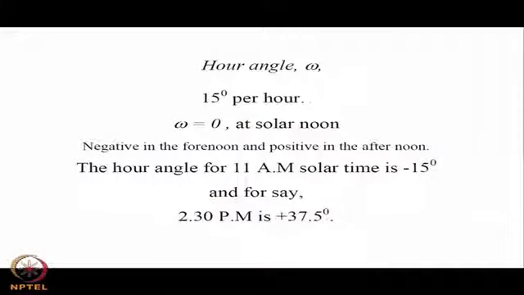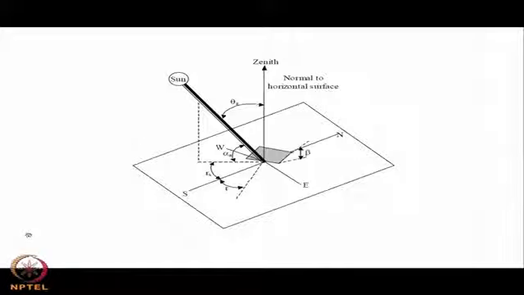Some books write the other way around also, but what we follow is, as I gave an example, 11 a.m. solar time, our angle is minus 15 degrees, and 2:30 p.m. for example is plus 37.5 degrees.